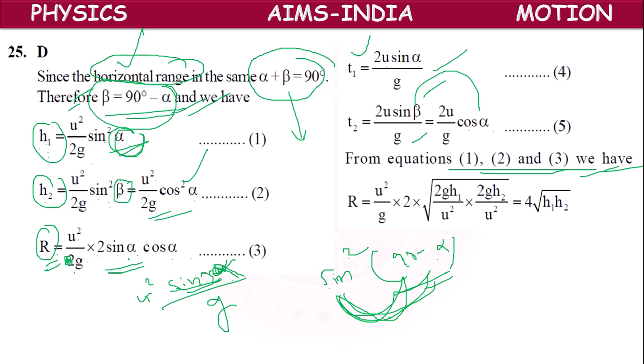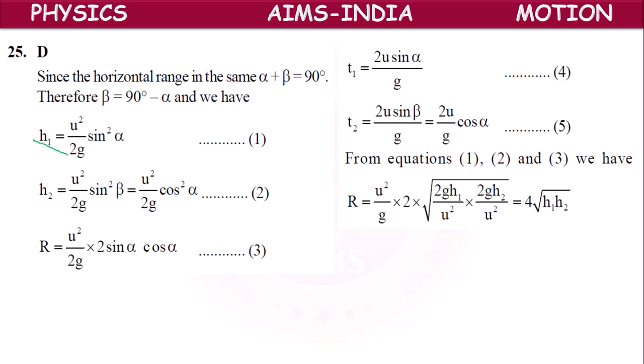What is the value of sin alpha? From the first equation, this 2g will go here, it will become 2g H1, and this U square will come down: 2g H1 by U square. Square will go down, it will become square root: square root of 2g H1 by U square.